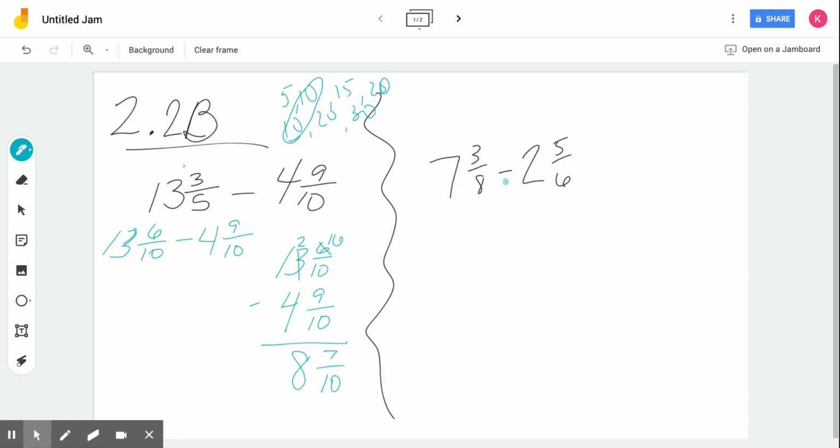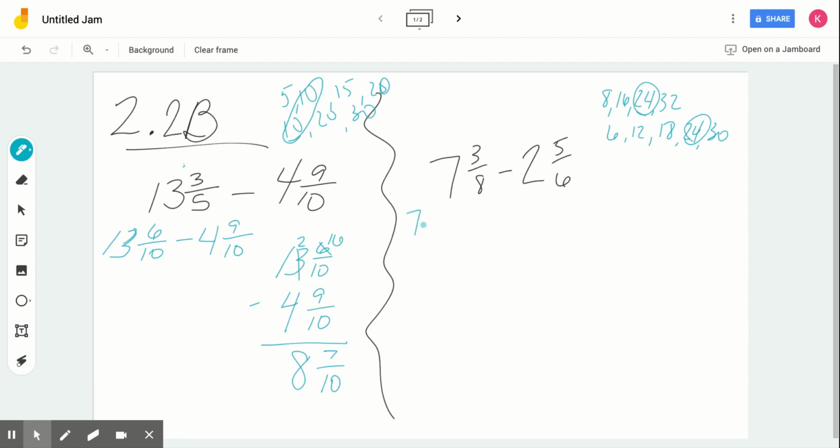Now this next one, again, we need those common denominators. So if we're counting the multiples of 8: 8, 16, 24, 32, and 6: 6, 12, 18, 24, 30, we can see that they both have 24.